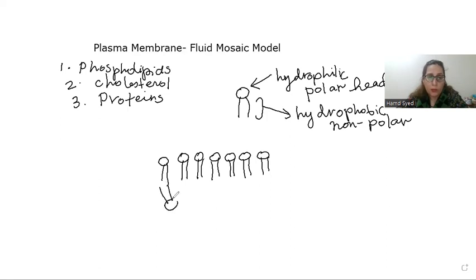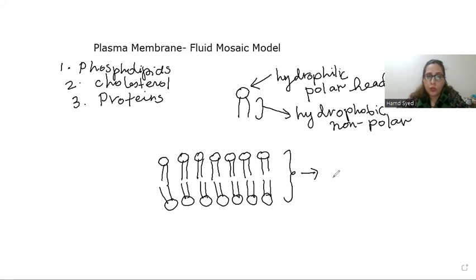And these phospholipid molecules are present in the form of a lipid bilayer. So you can see over here, I'm drawing two layers of phospholipid molecules, and these two layers collectively form a structure known as the lipid bilayer. This is the basic composition of the plasma membrane.